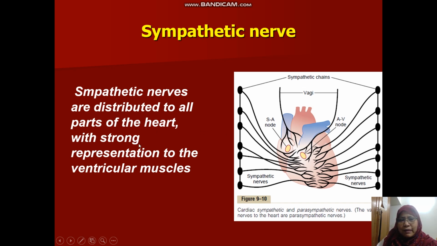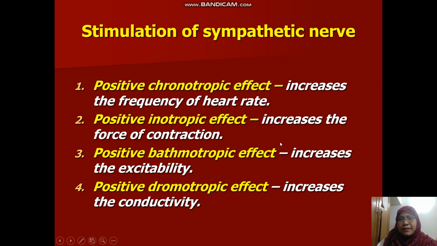Sympathetic supply goes to all parts of the heart, especially the ventricular muscle, and it has a positive effect. Sympathetic nerve has a stimulatory or positive effect on the heart. That is, it increases the frequency of heart rate, and it is called positive chronotropic effect. Chronotropic means related to heart rate. Positive inotropic effect: inotropic means force of contraction.